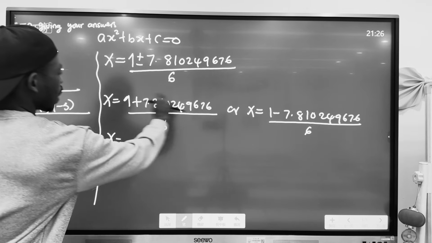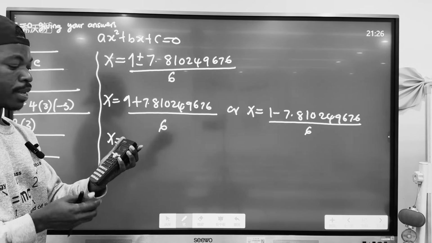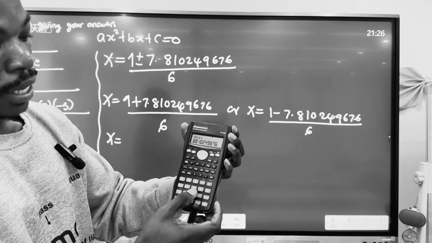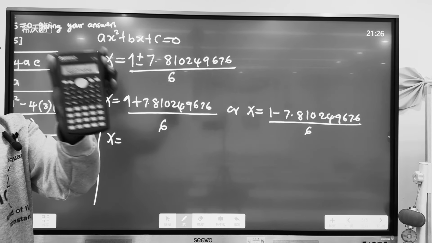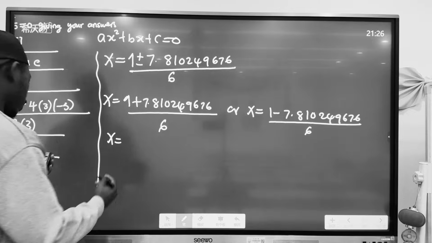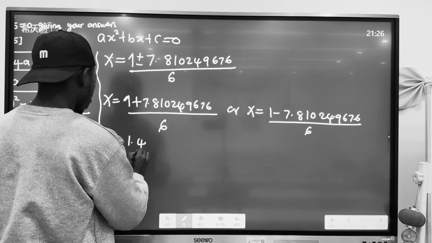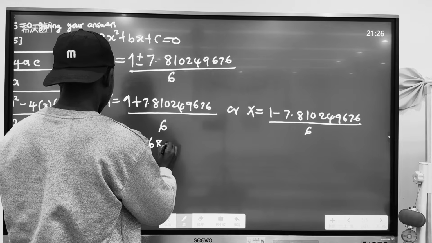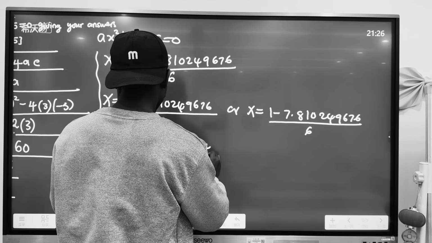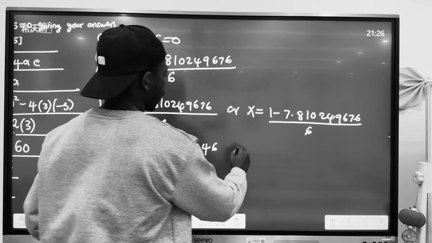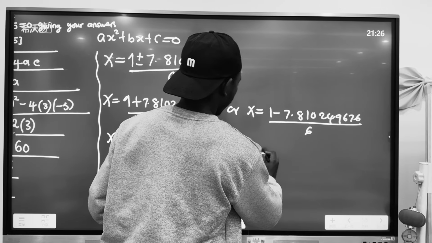So after adding the result, you now divide by 6. Then I'm getting something that looks like that. Let me write it down: 1.468374946.